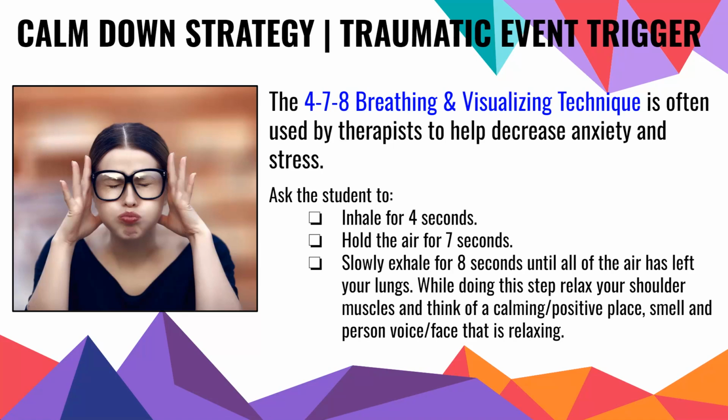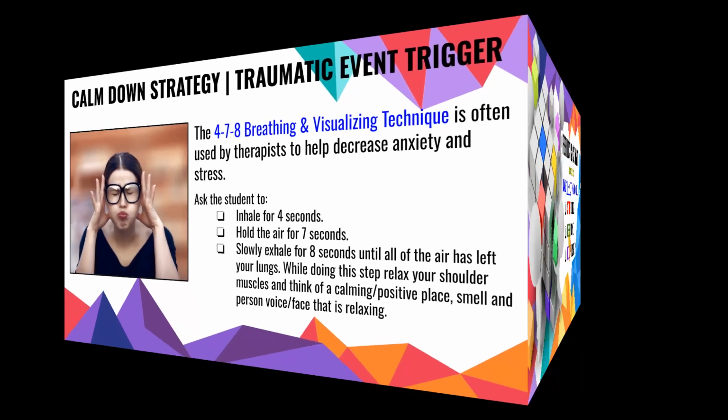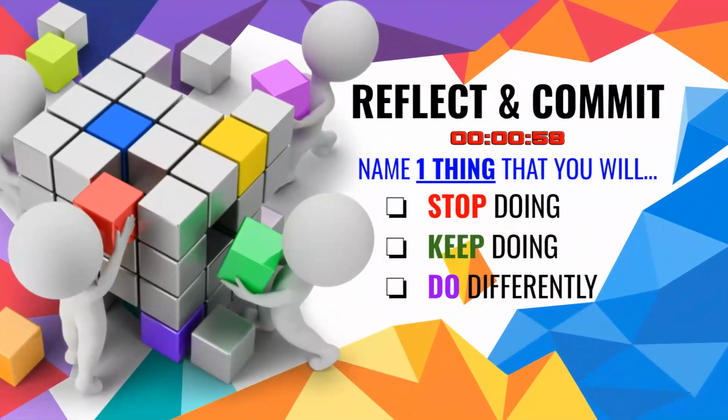The visualization technique can include, while doing this step, relax your shoulders, muscles, and think of a calming/positive place, smell, and person, a person's voice or face that's relaxing to you. So picture that person that really means a lot, and that is a face of calm and peace in your world. So these are just 2 strategies.